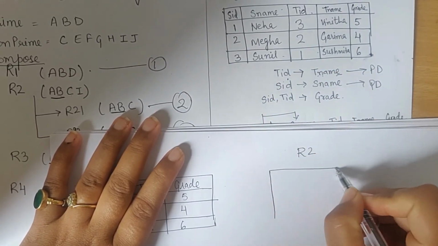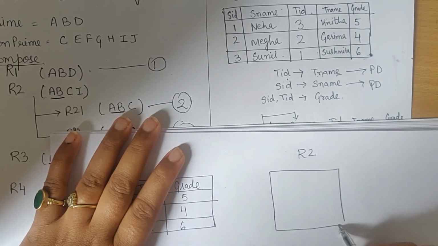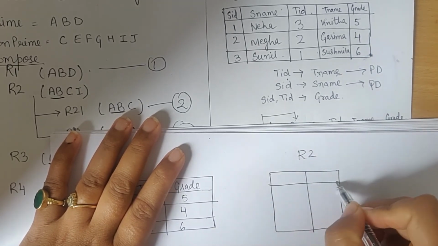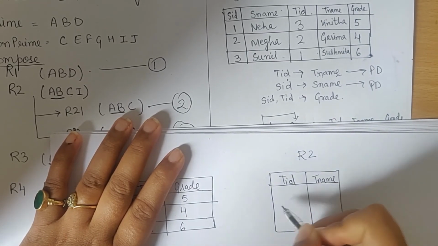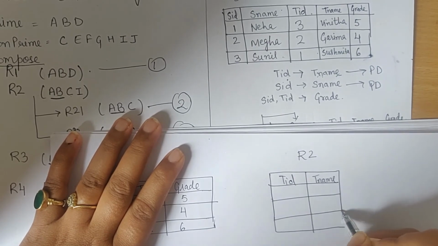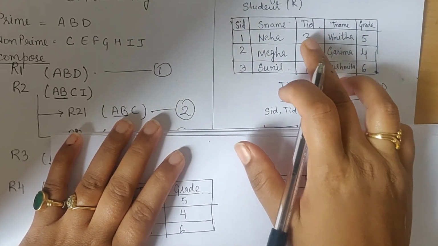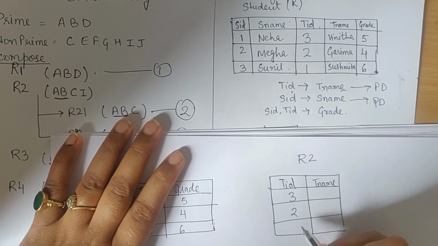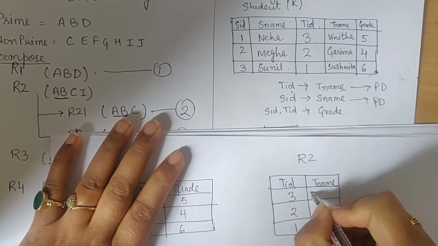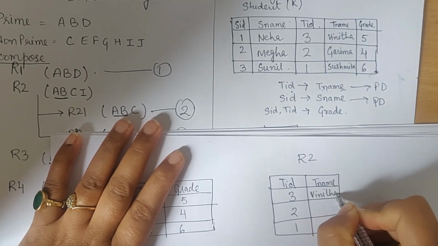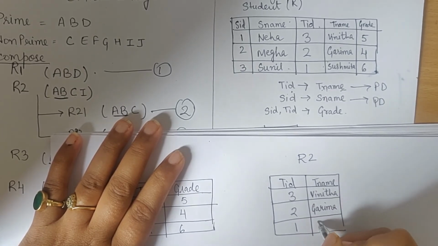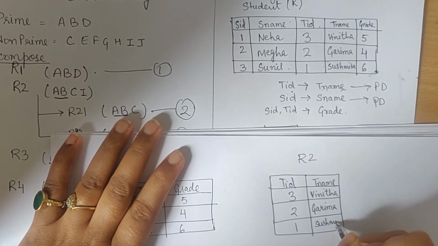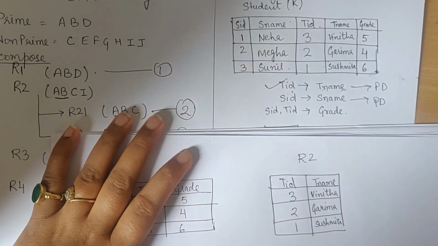No. So this table will only have 2 attributes: TID and TName. Here we have 3 tuples, TID 3, 2, 1, and the TNames are Vinita, Garima and Sushmita. Okay, so this partial dependency is solved.